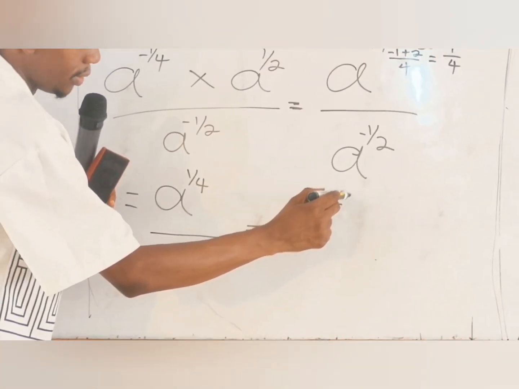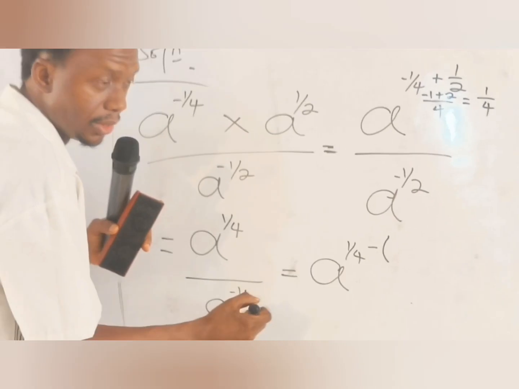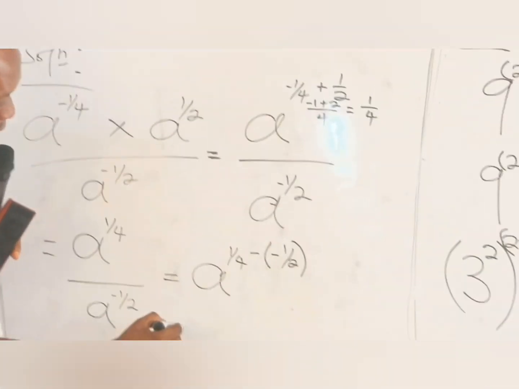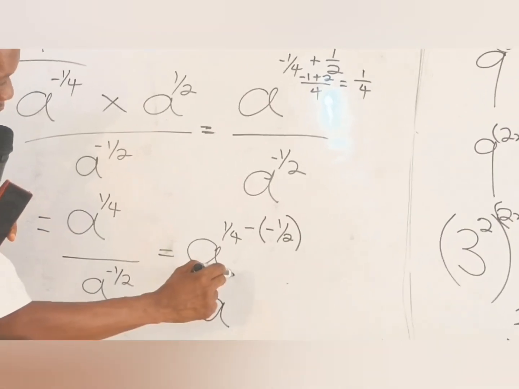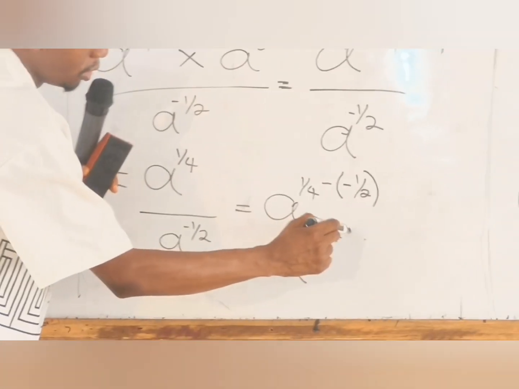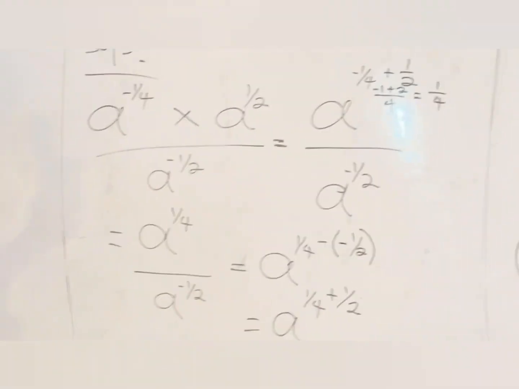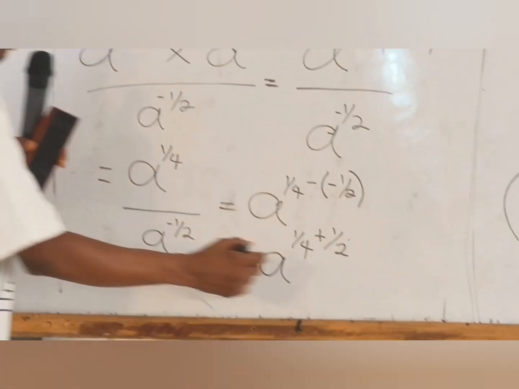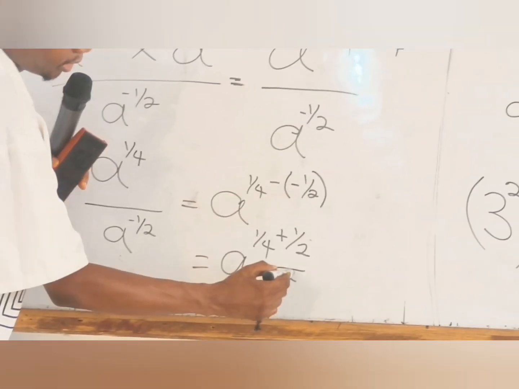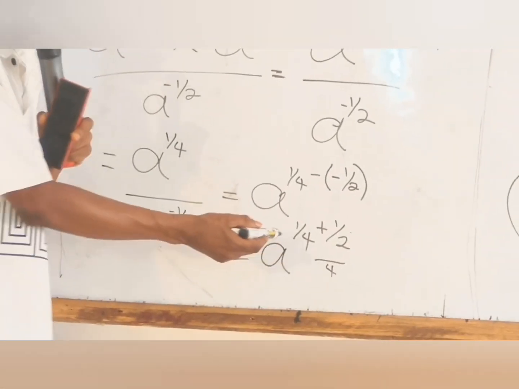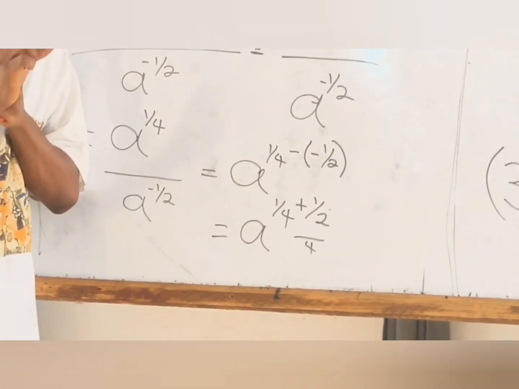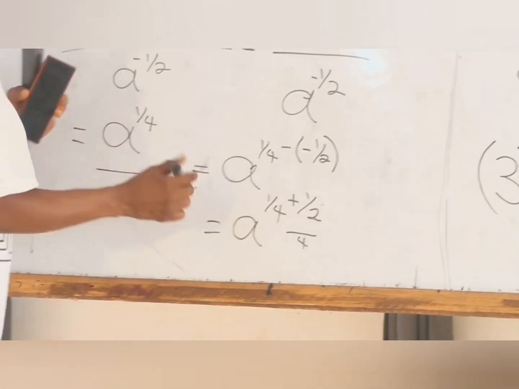Is that not it? And there is a minus already. Can you all see? Minus 1 over what? 2. It is the same thing as a to the power 1 over 4 plus. Can you all see? Plus what? 1 over 2. So let's simplify the indices. What is the LCM? 4. I'm doing this so that everybody can understand how we simplify the power. Are you all here?